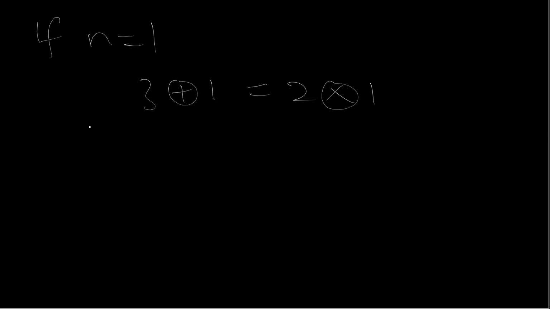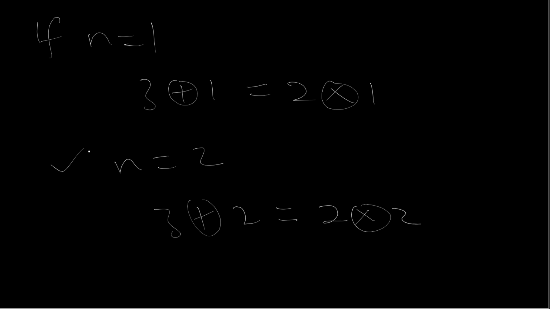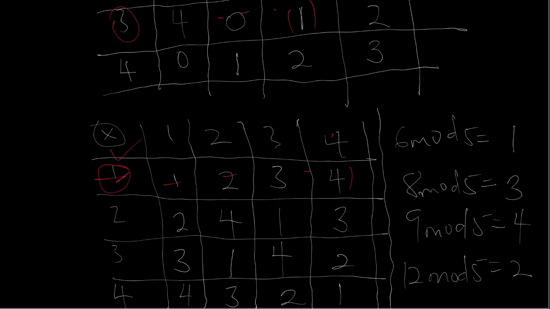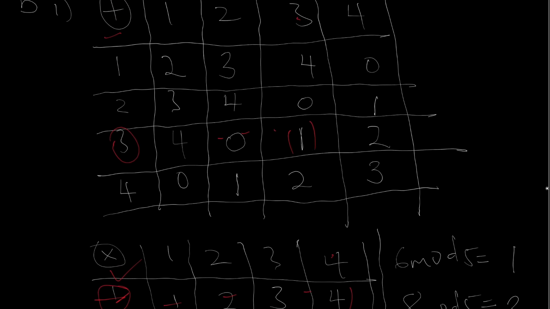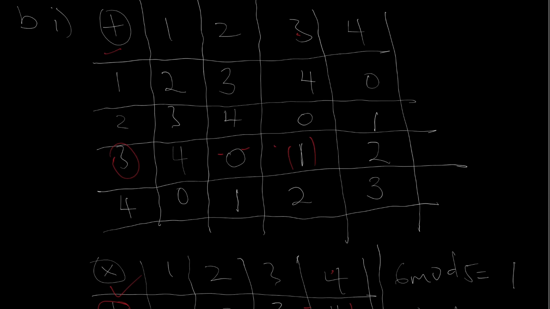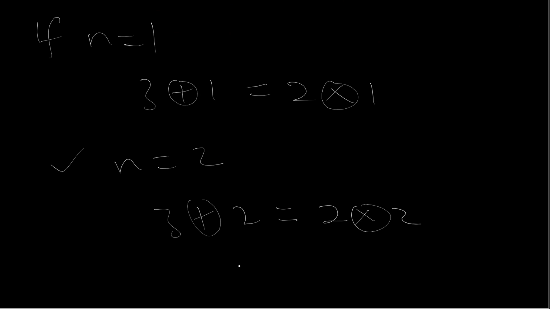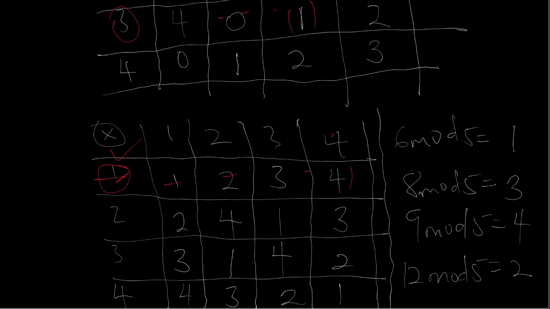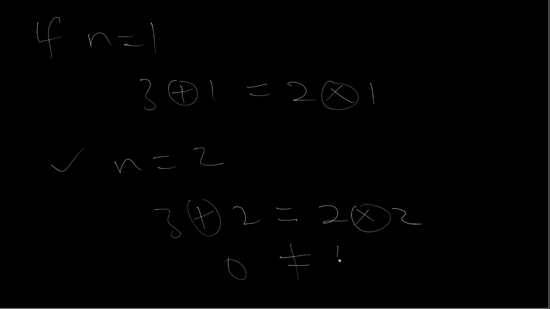So we move on to the next value. If n is equal to 2, we are saying that 3 plus 2 should be equal to 2 times 2. So 3 plus 2 from the table is 0. And 2 times 2 from our table is 4. So we can see that our n cannot be 2 since it doesn't satisfy the expression.